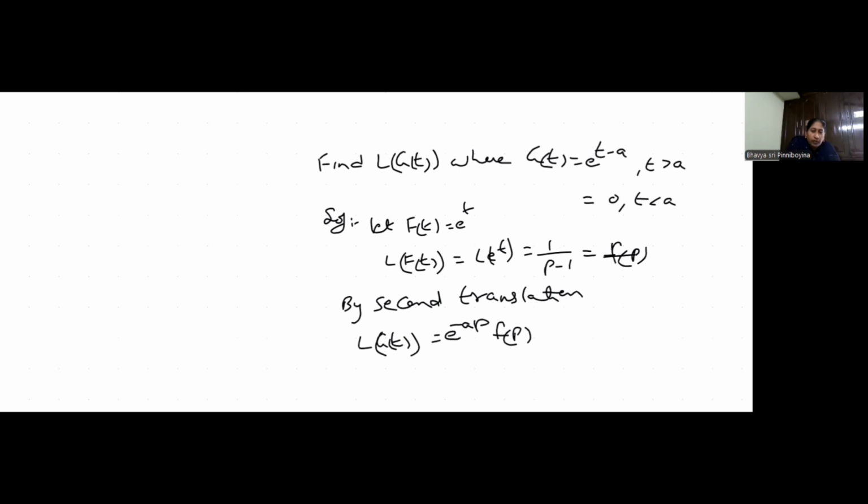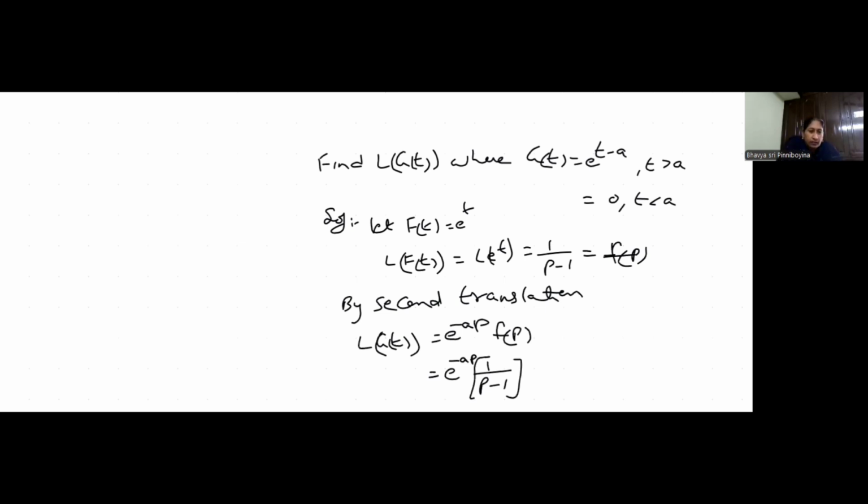Then we can substitute e power minus ap. So what is the a here? Here also a is only a. So f of p is 1 by p minus a. So Laplace of g of t is equal to e power minus ap into 1 by p minus a.